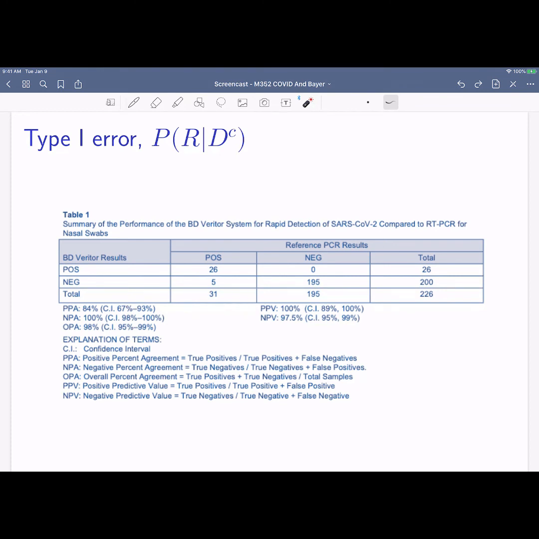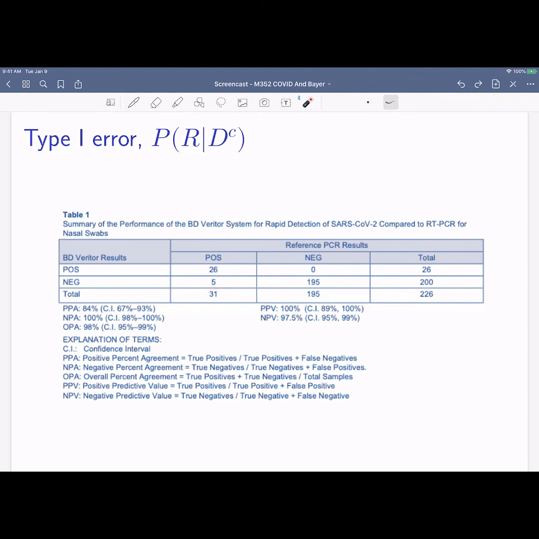Read this table. The BD test agreed with the PCR test, so they were both positive 26 out of 31 times, and they were both negative 195 out of 195 times. So perfect agreement on the negative tests. But here it shows that the BD Veritor results differed from the PCR results.